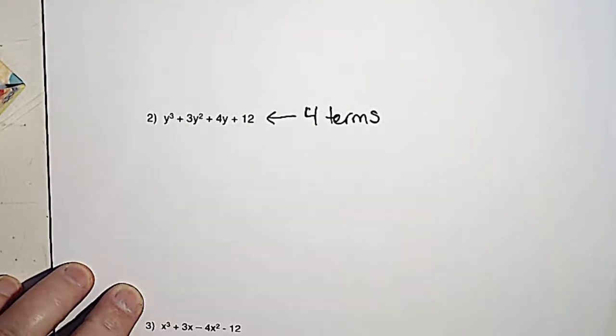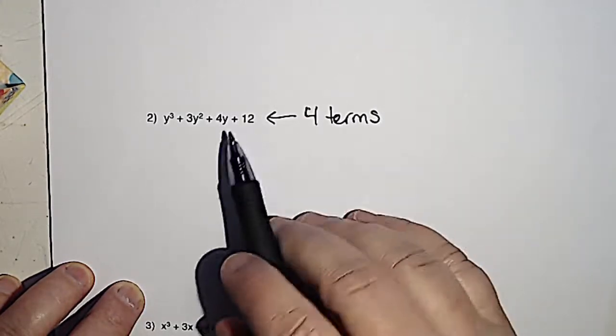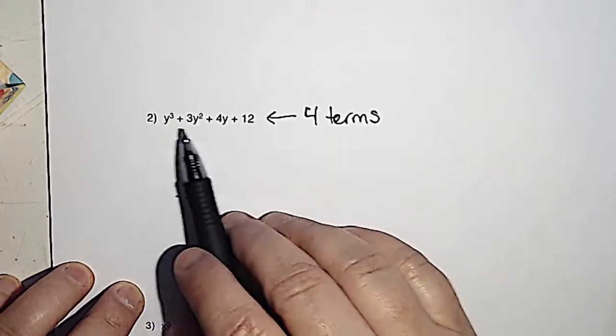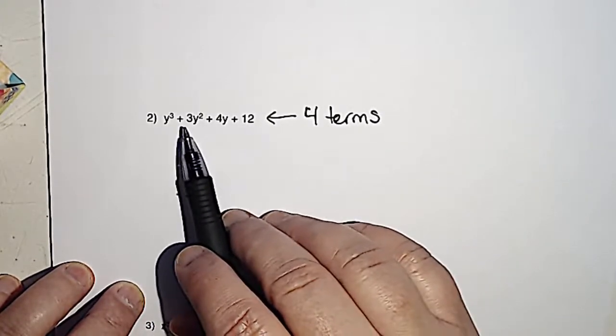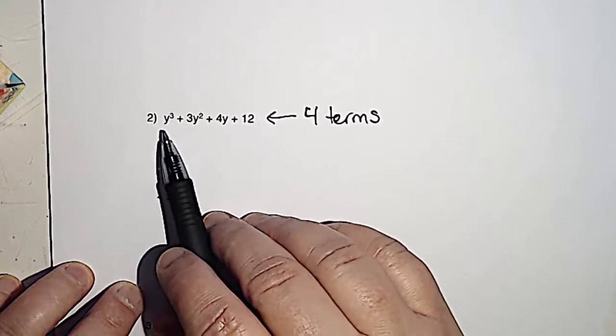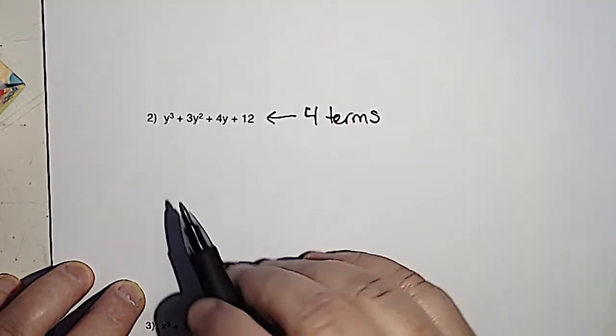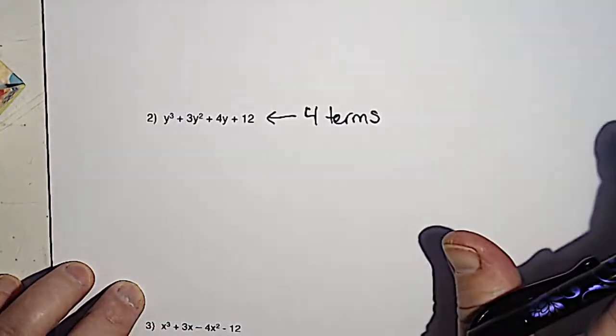So 3 terms with y's. And I think y is a common factor, but then this term doesn't have a y in it. So I go looking for numbers. There's a 12 here and a 3 and a 4, but this one doesn't have anything other than a 1. So there are no numbers that are common either. So we've got 4 terms, nothing in common.